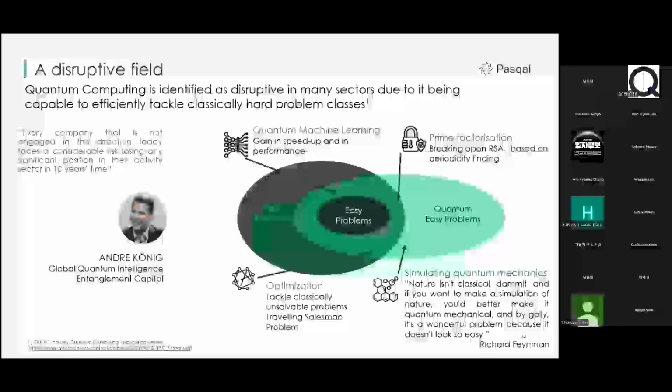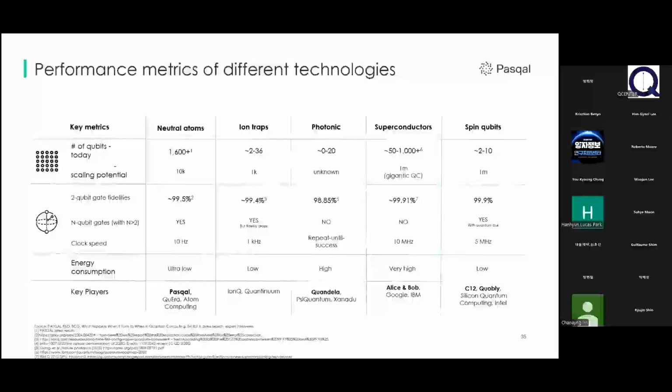So when we say that the neutral atom system's clock speed is low, it actually refers to the fact that the whole iteration cycle is slower, because loading the atoms is currently a main bottleneck for this technology.